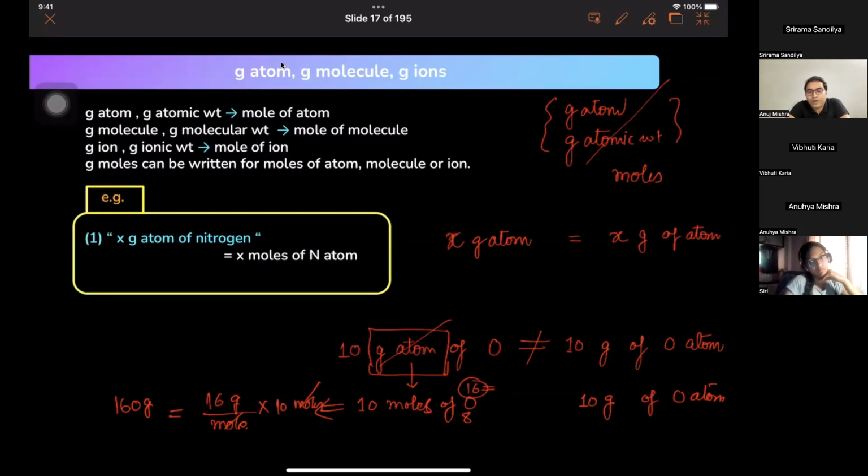Which element could this be? Think carefully. X gram atom mass is the same as X gram of atom. I said gram atom and gram of atom are not the same, but just for one element it is the same. What is that element? Think about it and write in chat box.